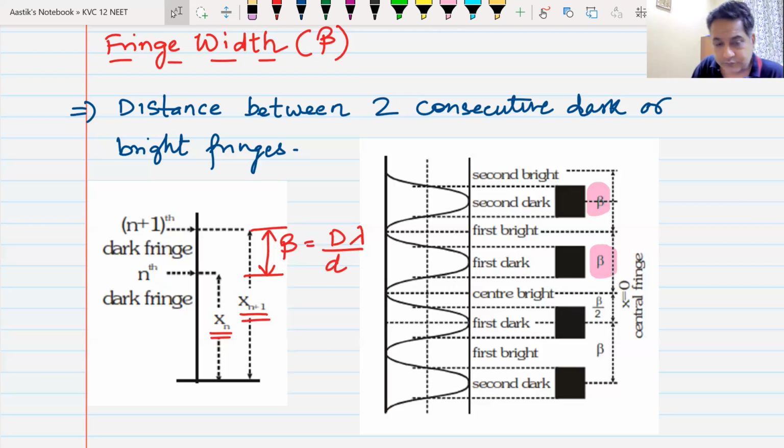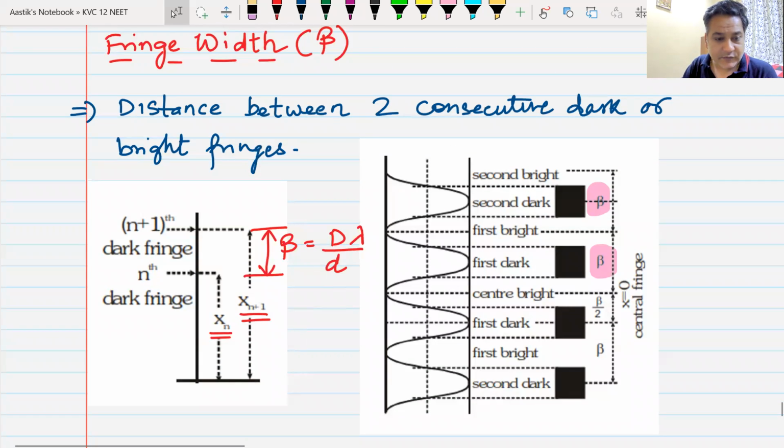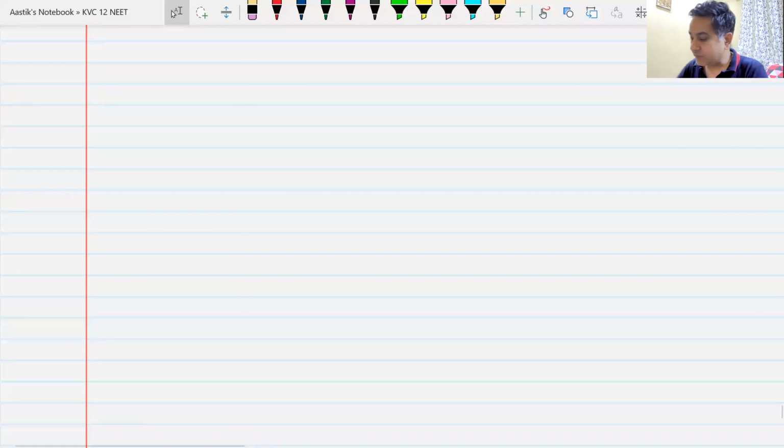Okay, so this is what we need to understand in today's class. We will be writing some important points here. So before taking this away, let me give you one more formula and then we will call it a day. This is the formula for angular fringe width.